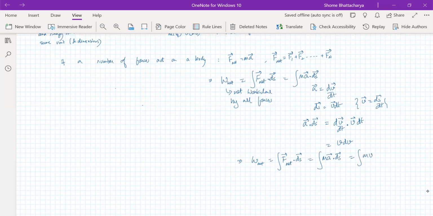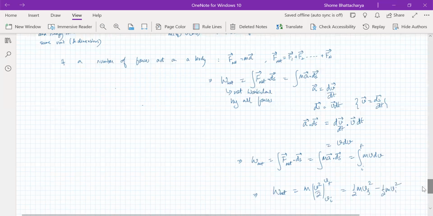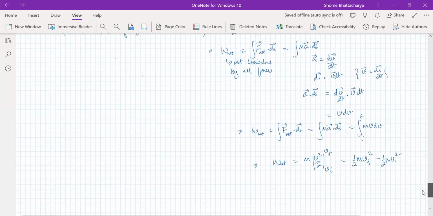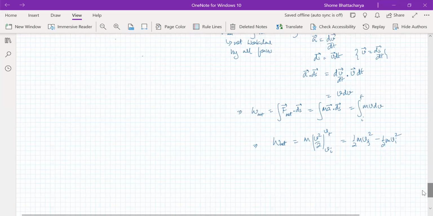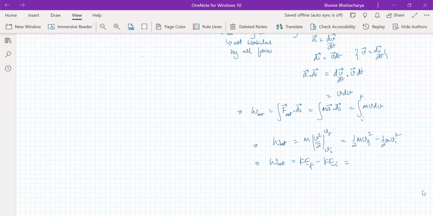That's why, if we are going from some initial state to some final state, the net work done is equal to the integral from initial to final, like this, and hence this is called the final kinetic energy minus the initial kinetic energy, or the change in kinetic energy.